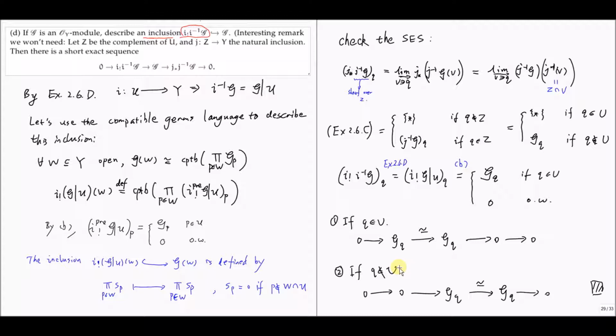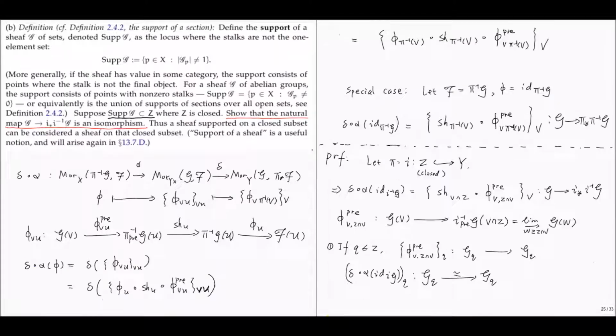If Q is not in U, we will get the sequence 0, 0, G_Q, G_Q, 0. Because when Q is not in U, the stalk of this at Q will be 0, and the stalk of this will become G_Q. This arrow is an isomorphism because of the proof of part B of exercise 2.6.f.